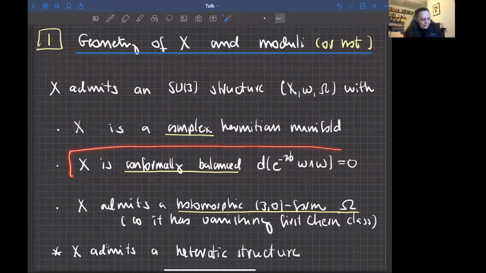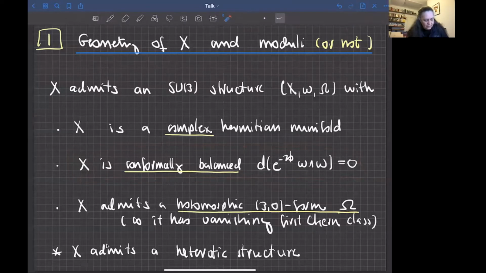And there's another important condition that relates to the Hermitian form, this two form here. This two form needs to satisfy this condition. This here is a scalar called the dilaton, right? But what this says is that X is conformally balanced, and this here is the conformal factor.